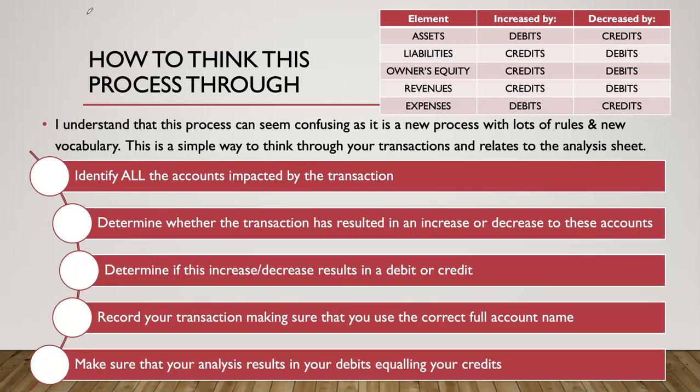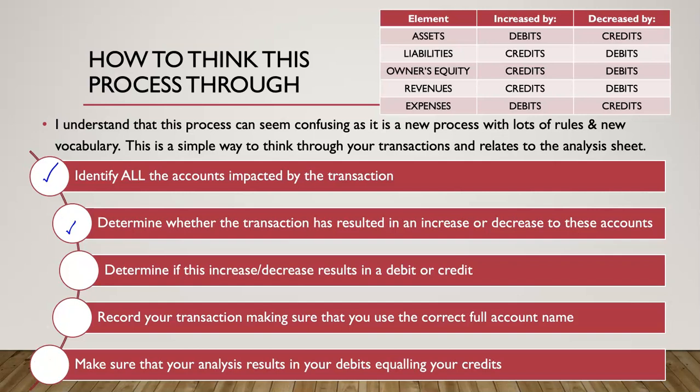I encourage all my students to do this 5-step process, which I modeled before. Firstly, identify all the accounts impacted by the transaction. So is it cash? Is it capital? Is it sales? What are the things that have been impacted by this transaction? Once you have all the names, determine whether this has resulted in an increase or a decrease for these accounts.